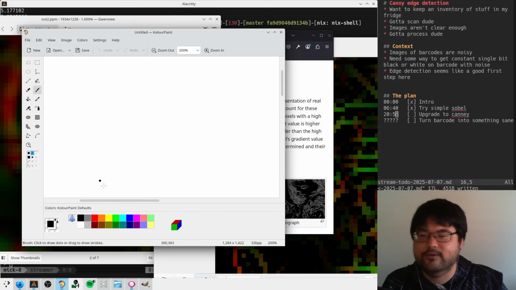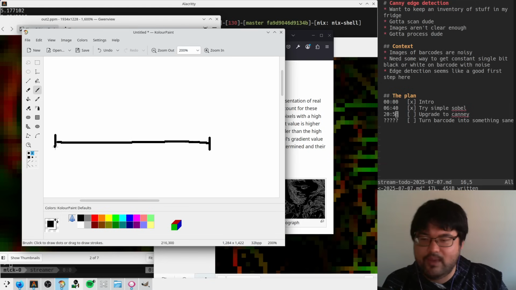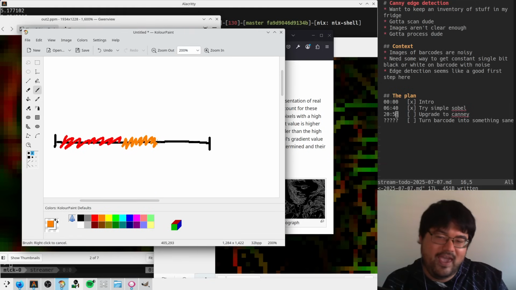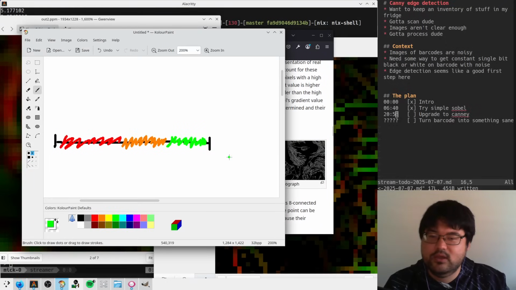So if these are all of the magnitudes, you kind of have, get these ones out of here. These ones are maybe. And these ones are definitely edges, right? And I think what they do is, to figure out if these ones are actually edges or not, they check if they're connected to these edges, right?